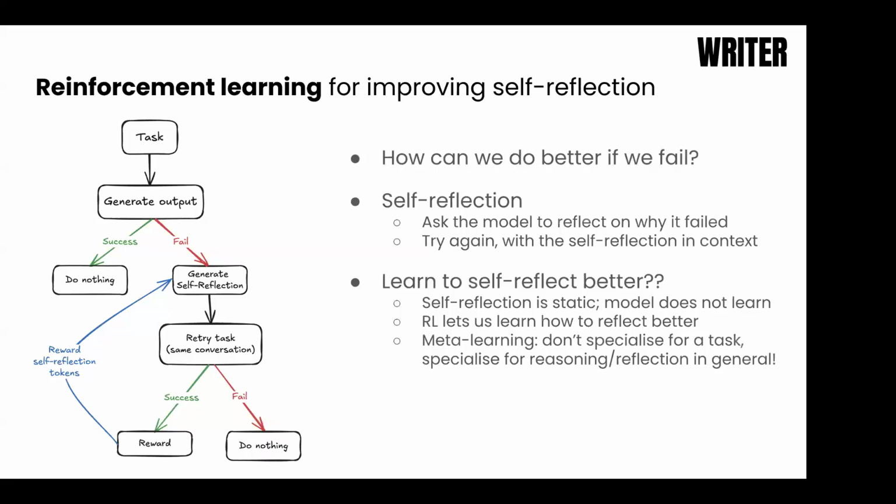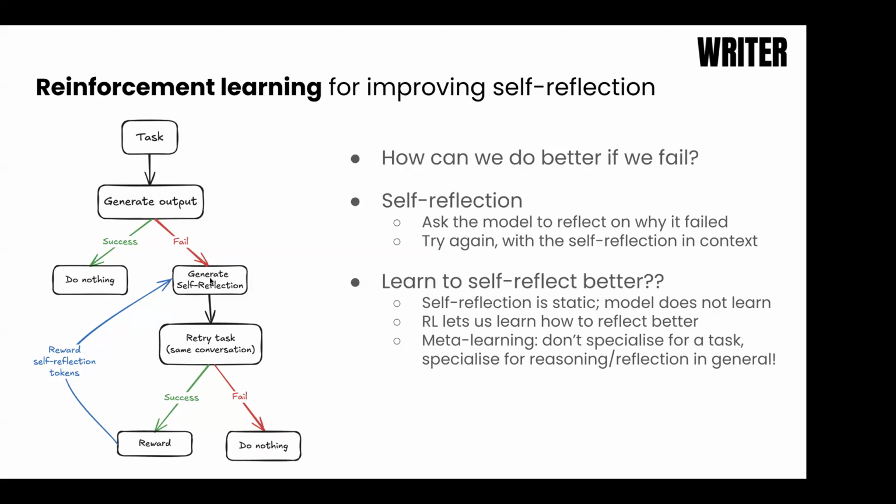Got you. Okay, so then you follow the success path of the second retry, that is, you got the correct answer, your verifier knows that, and now you're going to reward the self-reflection tokens. Which tokens specifically are you rewarding? Just the fact that on that first fail, you generated some new tokens from that.